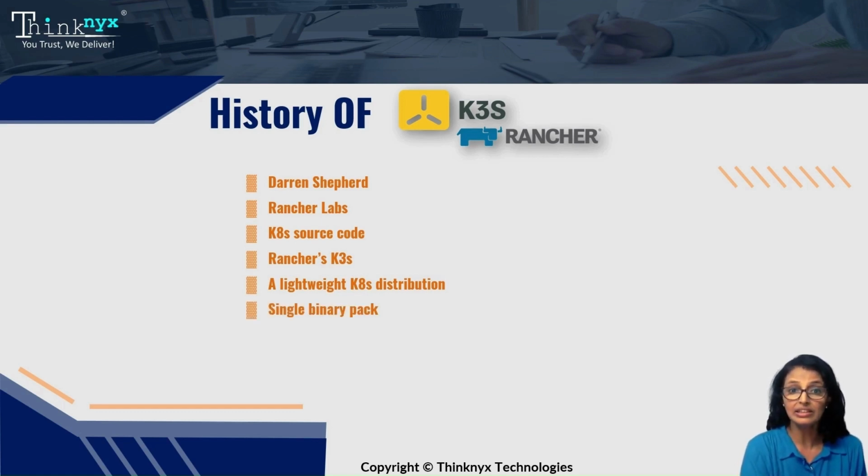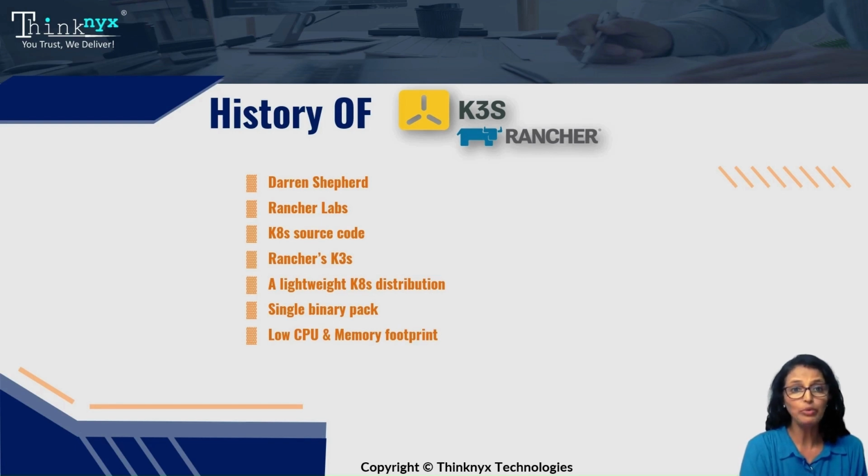He created a single binary solution that unpacked to include containerd and the network stack, the control plane server and worker components, SQLite as the database instead of etcd, a service load balancer, a storage class for local storage, and manifests that pull down and install other core components like CoreDNS and Traefik as an ingress controller. This is how K3s was actually invented.